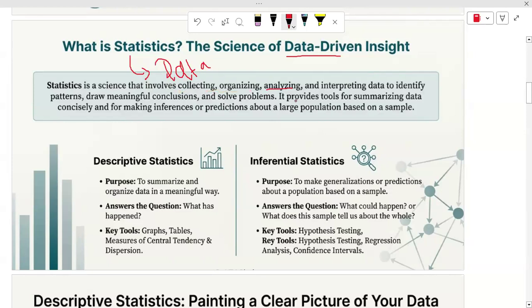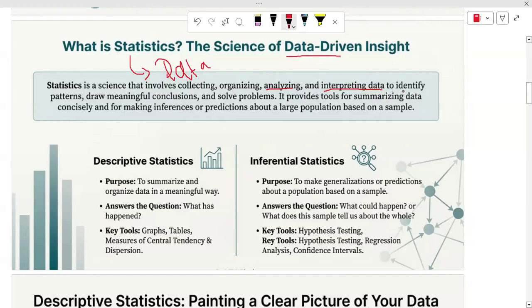Then analyzing the data to find something hidden within the data, and interpreting the data. Based on your analysis, you are going to state the conclusion about the data. So first collect, organize, analyze, and finally you interpret data.